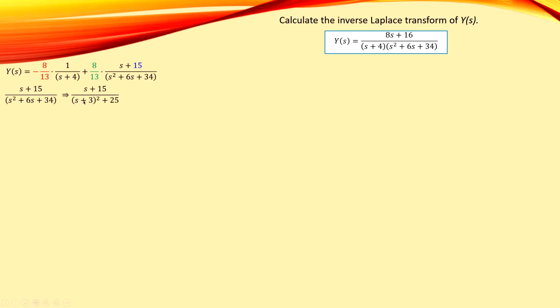That results in the following. I divide the 6 by 2 and square it, so I get s plus 3, the whole quantity squared. If I work this out, I get s squared plus 6s plus 9.